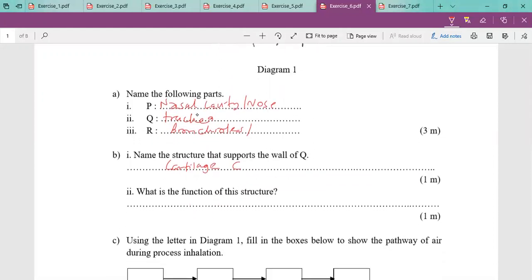What is the function of the structure? To allow gas in and out of the lungs from outside the body.